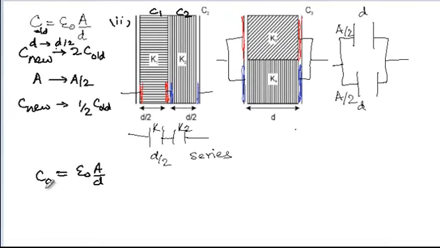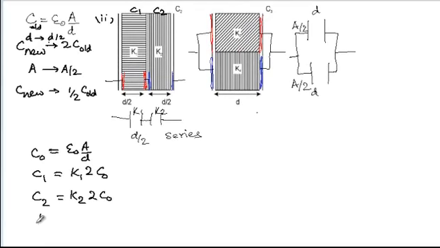So the capacitance C1 is equal to epsilon naught, we have a dielectric constant K1 because it's going to increase K1 times, and the plate area has been halved, so the capacitance is going to be twice. So we have twice C naught, and C2 is also going to be K2 times twice C naught.